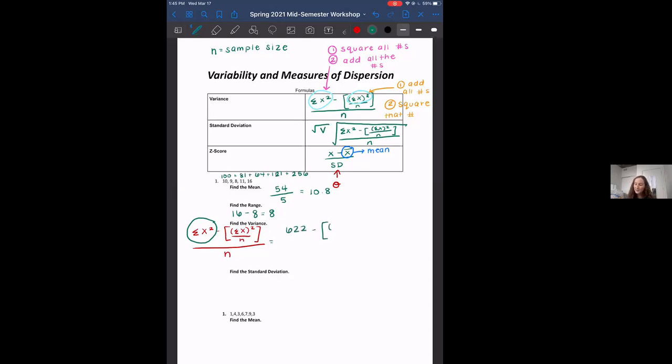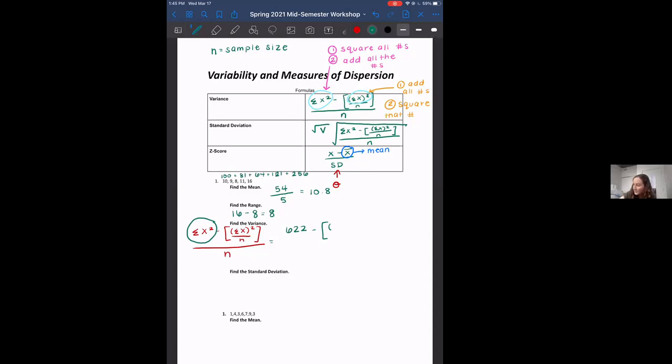Okay, so now the next part, we need to add them all up and then square them. So we already added them up when we found 54, right? When we did the mean, we found all of them added up was 54. So what's 54 squared? 2,916.